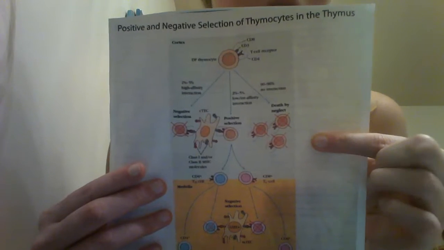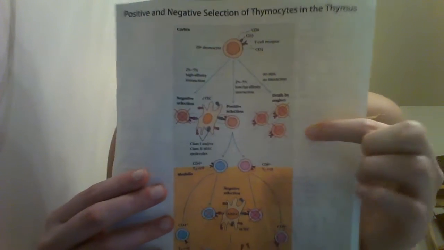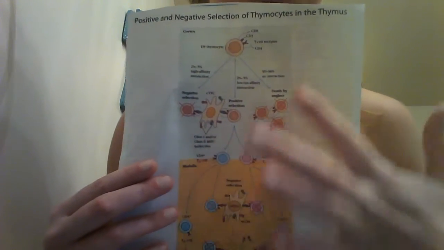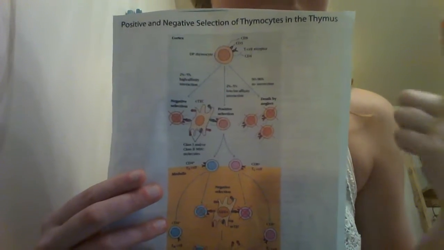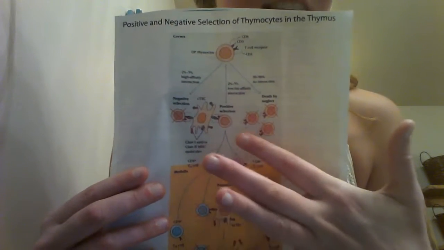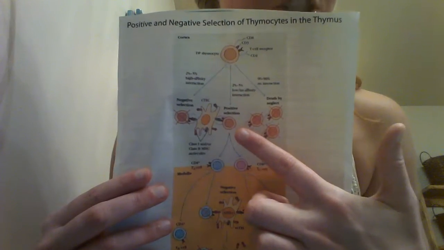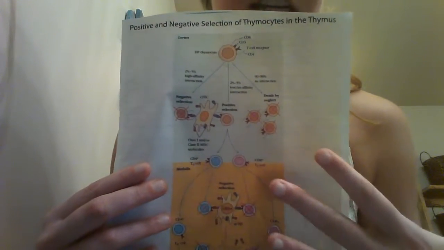If they bind too strongly to the MHC self-peptide complex, then it will be negatively selected. But if these double positive lymphocytes bind with low affinity, just the right affinity to the MHC self-peptide complex, then they're actually going to be positively selected. And from here, they can mature on to the single positive CD4+ or CD8+ T lymphocyte.